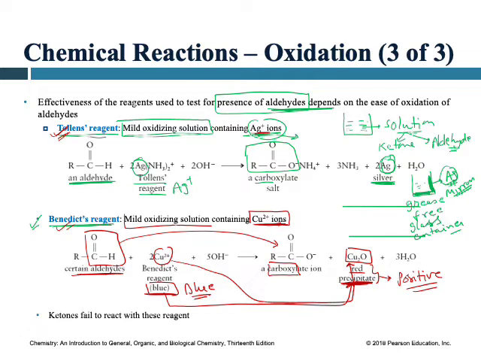Okay, so we are done with both these tests. The important thing is, ketone won't give any positive test with these two reagents. So remember, ketone cannot give a positive test with either of the reagents we discussed. That's why you can differentiate between aldehyde and ketone in a given solution.